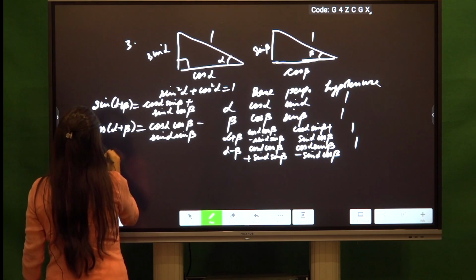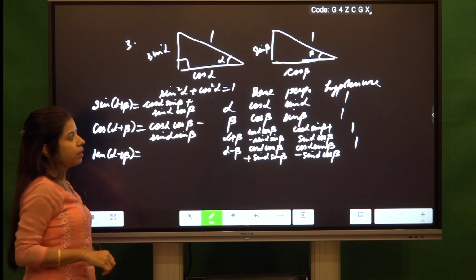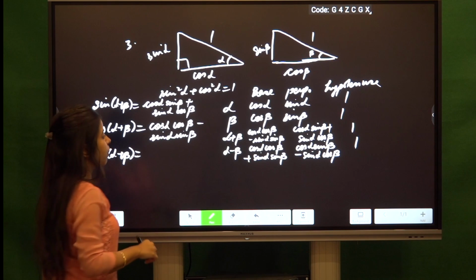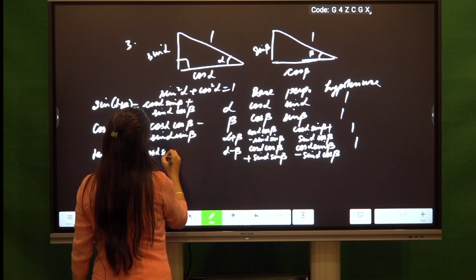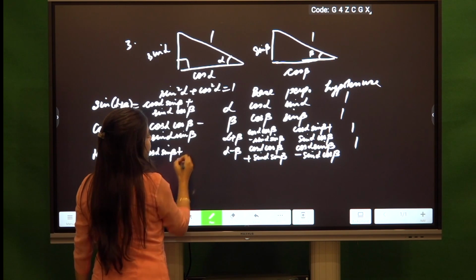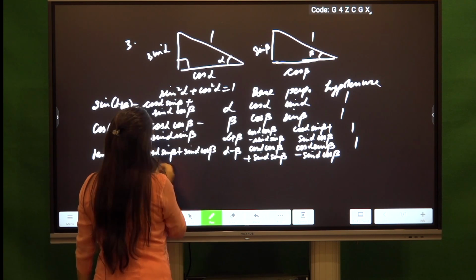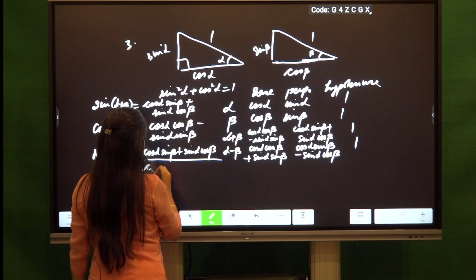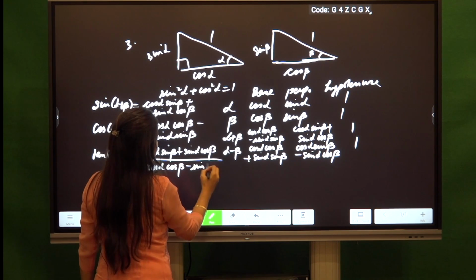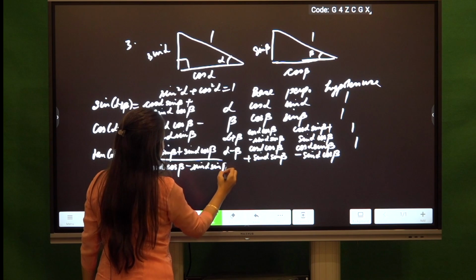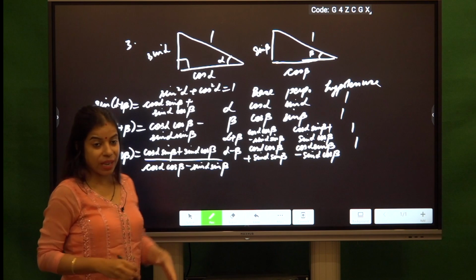For tan alpha plus beta, that is perpendicular upon base. So, this will become cos alpha sin beta plus sin alpha cos beta upon cos alpha cos beta minus sin alpha sin beta. Okay. So, in this manner we can find out the formulas as well.